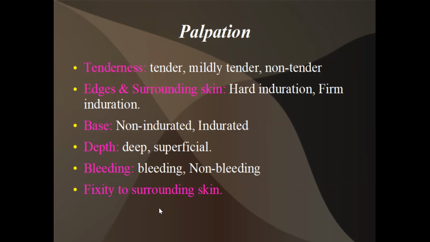There may be induration, and another differential of induration is malignancy. Base: similarly, the base of an ulcer may be non-indurated or indurated. Non-indurated is in acute ulcers, and chronic ulcers may get an indurated base.